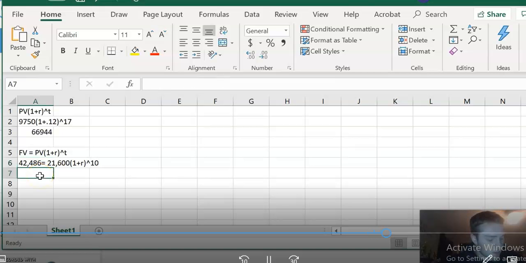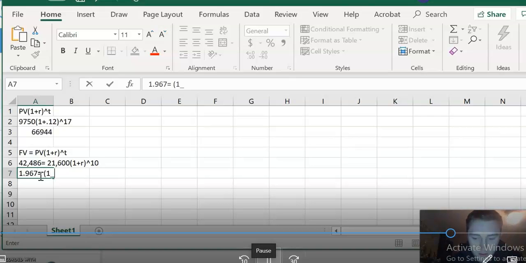And then you solve this by dividing 42,486 by 21,600, which gives you 1.967, and that equals 1 plus the interest rate raised to the 10th power.